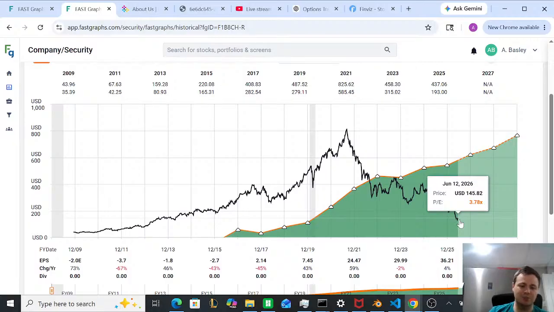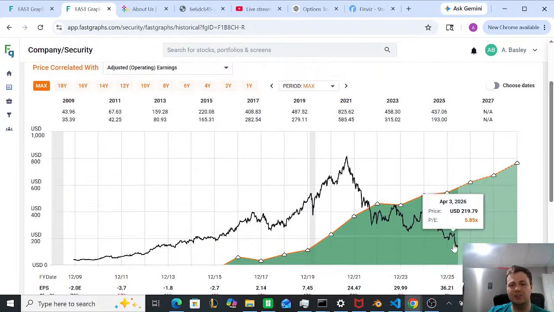Now this is blended PE. If you look up, it's Fast Graphs' way of mixing trailing 12 months PE with the forward-looking PE. So if you look on a few different apps, you might get a different number for the price to earnings ratio.